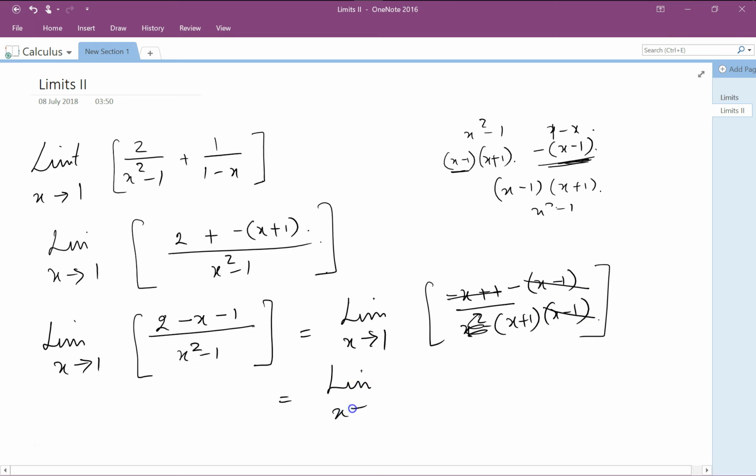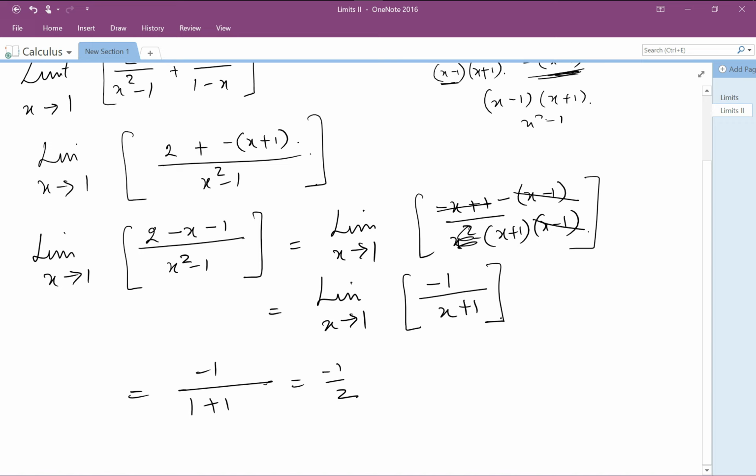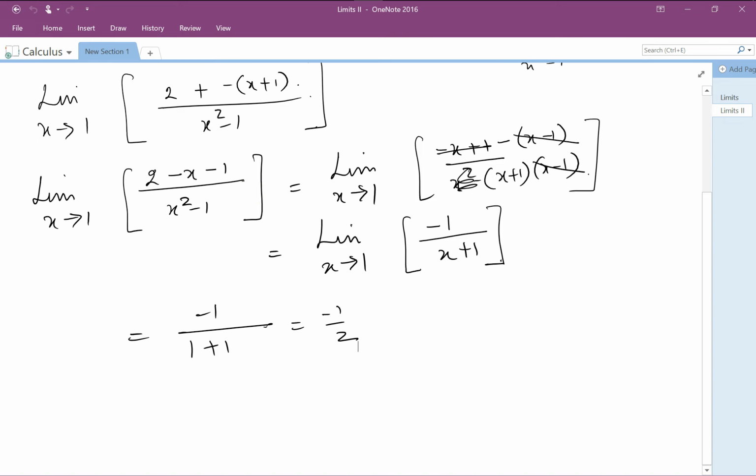So we are left with, as x approaches 1, minus 1 by x plus 1. Now we can directly do substitution. So minus 1 by 1 plus 1, which is minus half. So here, mostly algebra plays a major role. You need to be very good in your algebra.